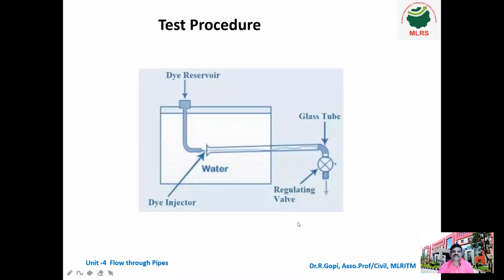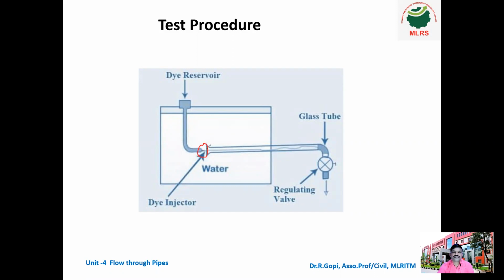Now you can see here, this is the container filled with water. This is the transparent glass tube. This is the dye, that means the color pigment, which is injected. A small hole is present here, and through this hole the color pigment is injected into the glass tube.